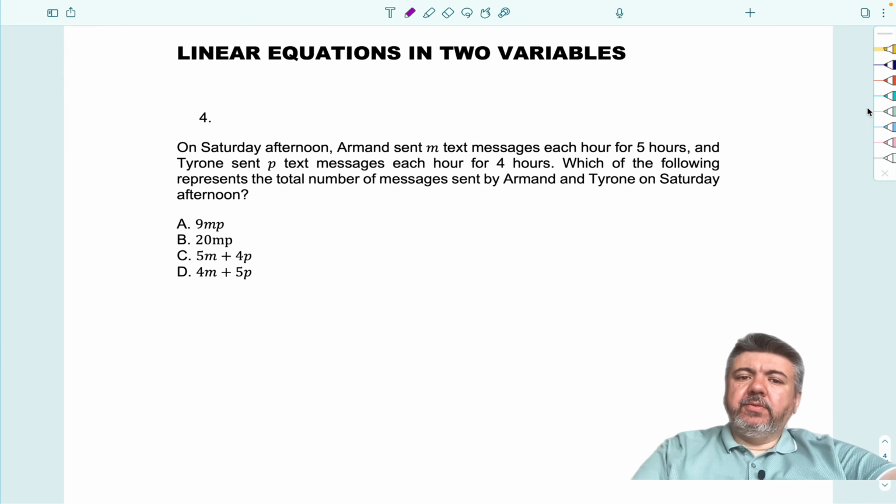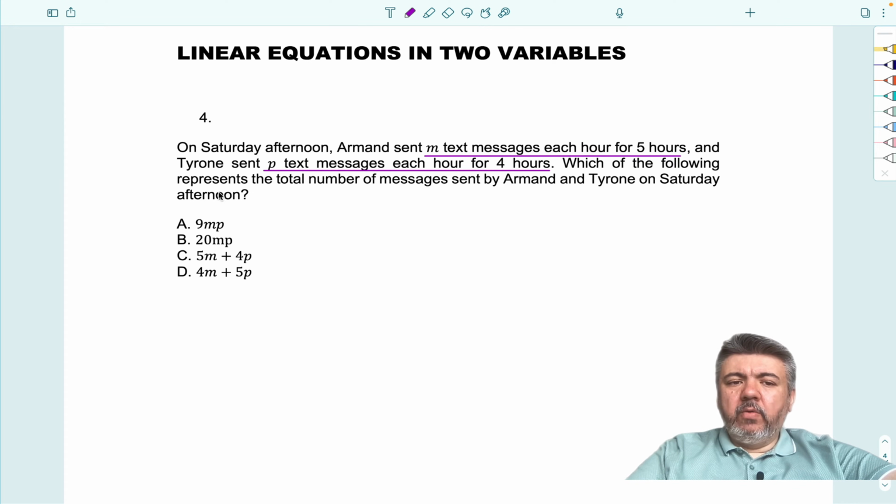On Saturday afternoon, Armand sent M text messages each hour for 5 hours. And Tyrone sent P text messages each hour for 4 hours. Which of the following represents the total number of messages sent by Armand and Tyrone on Saturday afternoon? Okay, so for 5 hours, Armand sent M messages each hour.